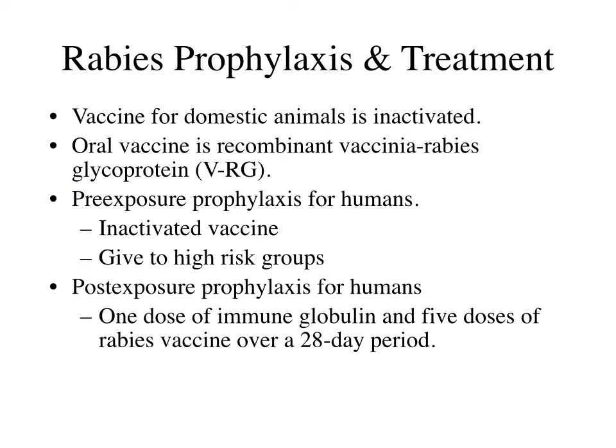Although rabies amongst humans is rare in the United States, every year an estimated 18,000 people receive rabies pre-exposure prophylaxis, and an additional 40,000 receive post-exposure prophylaxis. Pre-exposure vaccination is recommended for persons in high-risk groups, such as veterinarians, animal handlers, and certain laboratory workers.